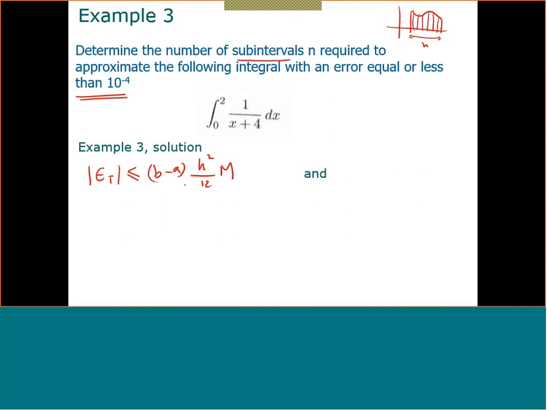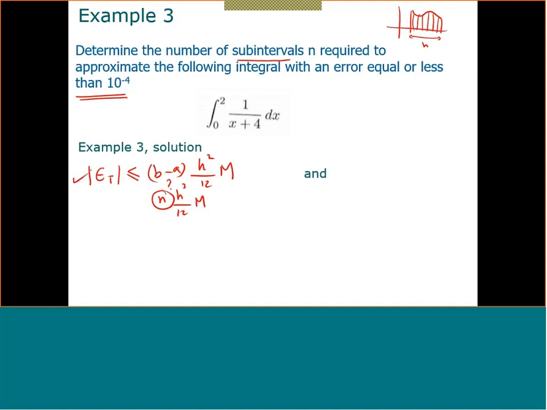If I want to find n, this is the same formula: n h cubed divided by 12, and we know that this formula and the previous one are exactly the same thing. Now n is what I want to find, so this is unknown to me.